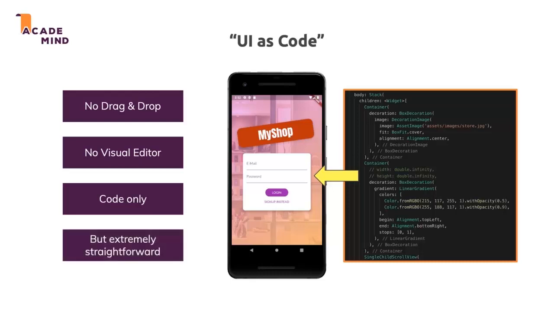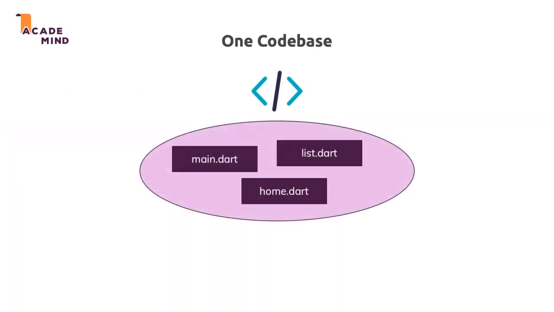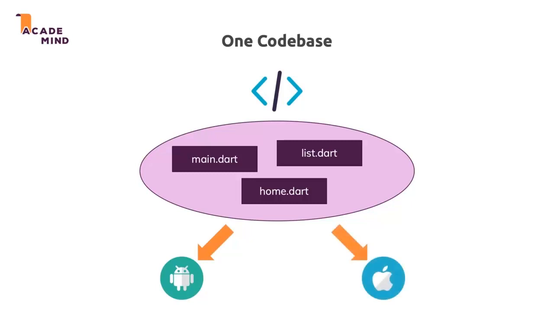So this is an extremely straightforward way of building your app, and I will introduce you to this approach carefully, step by step. We'll build our apps from scratch, and I will introduce you to the core widgets and how they work together step by step in this course. Now this one code base concept is also important to understand. In the end, you will have a bunch of Dart files in your project, and these will make up your application, and you build an Android and an iOS app based on that one project.